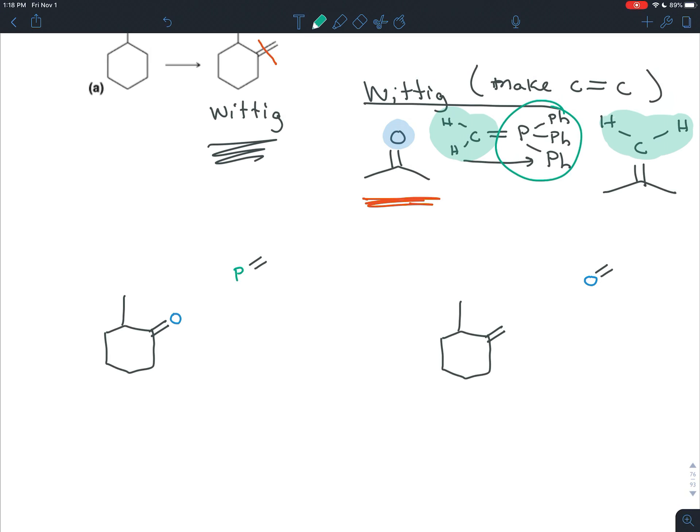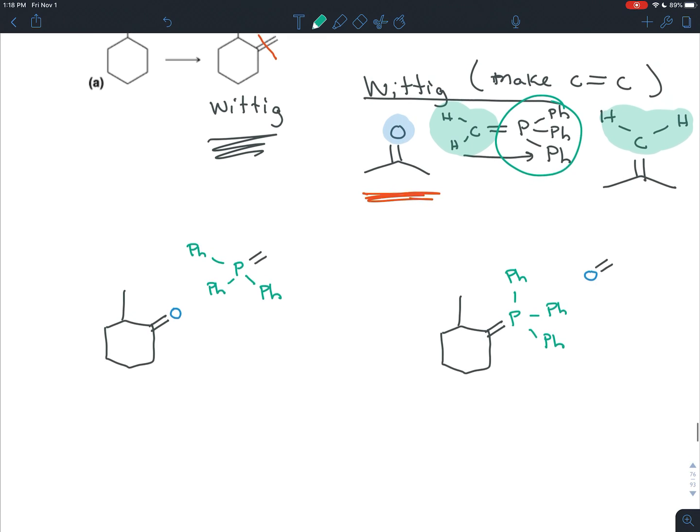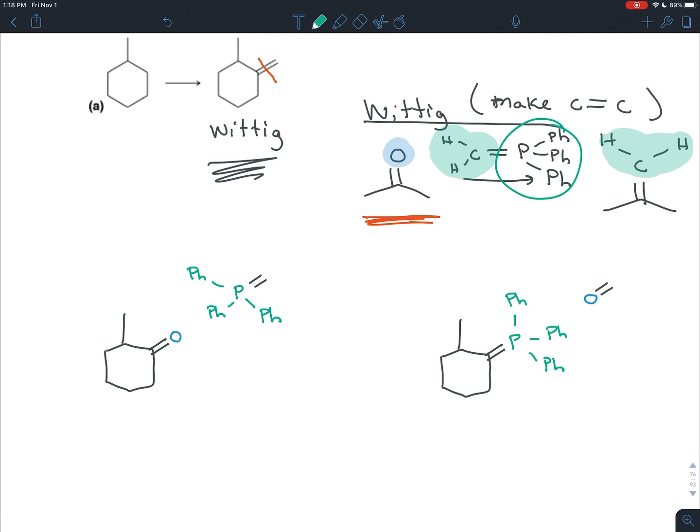So you could have that phosphorus with the 3 benzene rings. And in this one, if the oxygen is on the little chain, then the phosphorus with the 3 benzene rings will be on the ring. So these are our two possible Wittig reagents, but they're not both equally correct. One of these works much better than the other one.